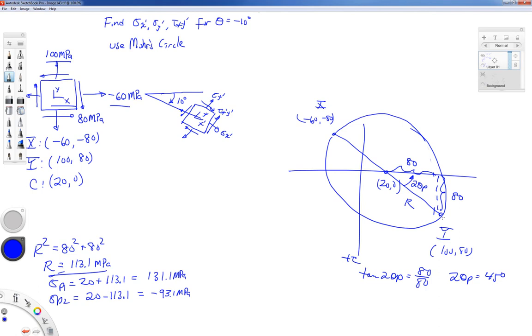We also need to understand that every angle of rotation on the circle is twice as much as that in the actual material. So here I am starting at this slanted diameter, and now I want to get to a new diameter. Let me put that in red. It still goes through the center of the circle, but the angle from here to here is going to be 20 degrees.